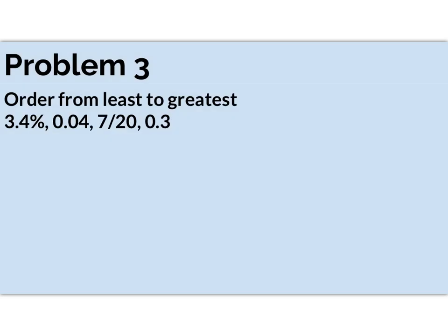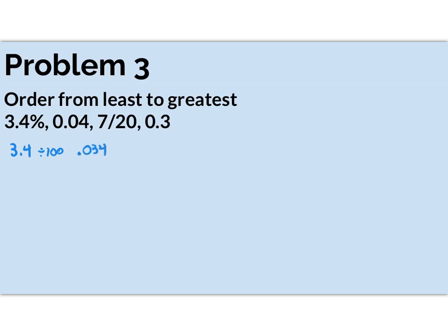So now order from least to greatest. Okay. Let's see what we come up with. 3.4%. We had to divide by 100 and move it 2 to the left. 1, 2. You get 0.034.